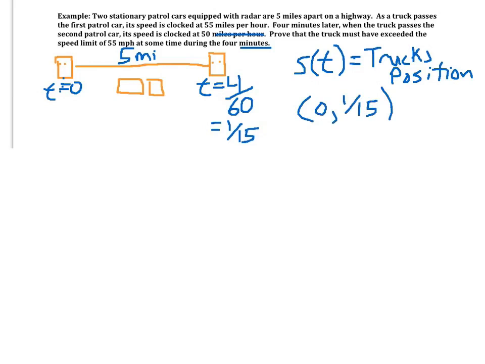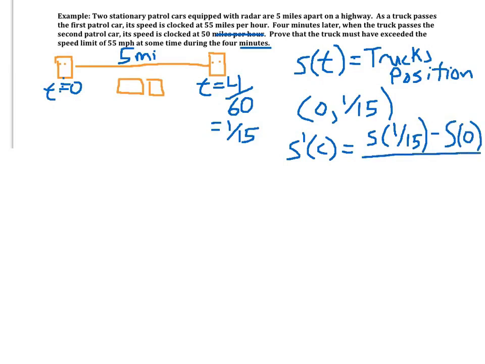So if we want to be able to use our mean value theorem, remember, we need to find where s prime of c equals s of 1 over 15 minus s of 0 over 1/15 minus 0.